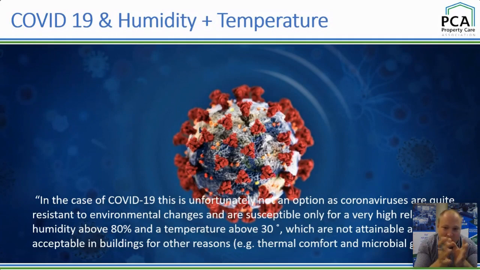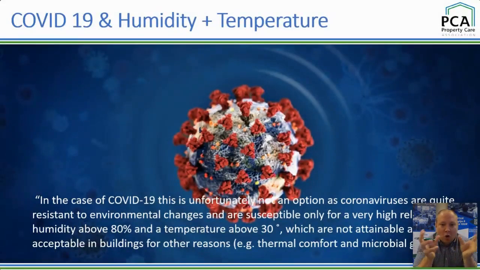So this goes to show how new this is and how conflicting some of the research is that's out there. As I say, this is the guidance put out through the Federation of European Heating, Ventilation, Air Conditioning Association. But that's not to say that ventilation doesn't play an important role. What it's saying is that ventilation is essential because you need to ensure you have adequate air exchanges per hour, so that there is enough air to dilute any airborne virus that may be there and get it out of the building as quickly as possible.